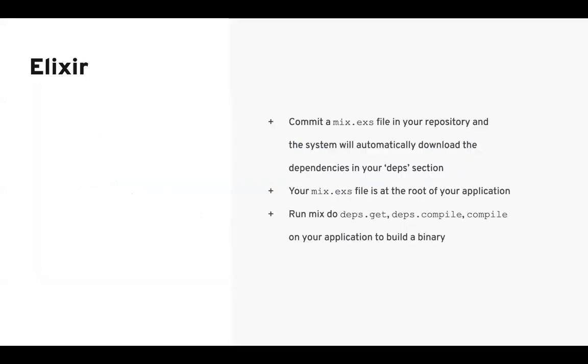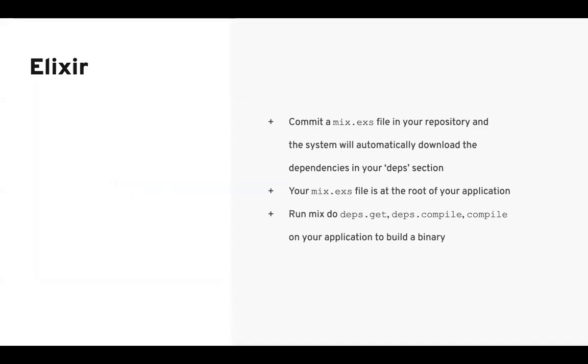Let's look at something more exotic. Let's look at Elixir. So in order to run an Elixir application, in general, you need a mix.exs file in your repository. And on Platform, the system will automatically download your dependencies in your deps section, your dependencies section, because it's using the package management tool that is specific to Elixir.